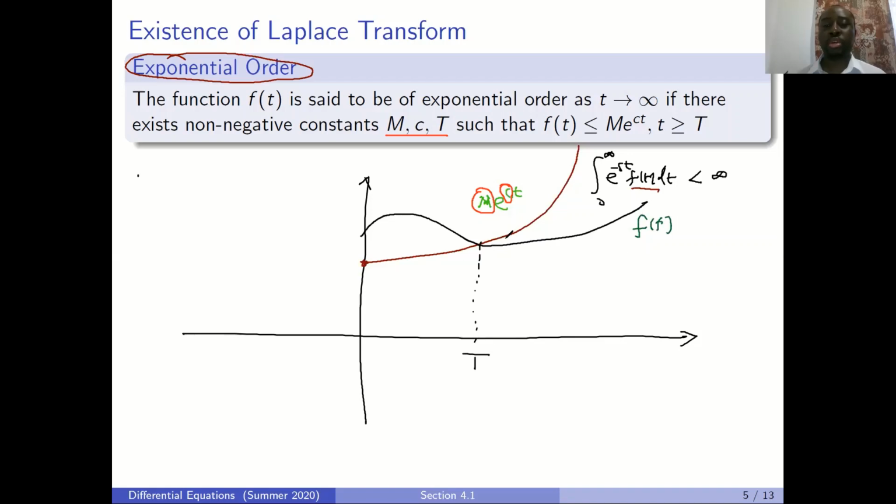It's always going to be bounded above by the exponential function for all time. So it's never going to exceed the exponential function. Now it may exceed the exponential function before this time t, but after this time t, its growth is never going to be faster than the exponential function m e to the ct. If this happens, then we say that the function f is of exponential order.